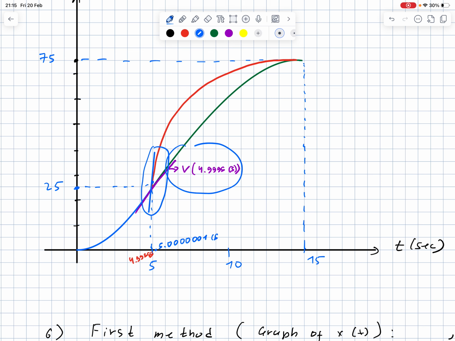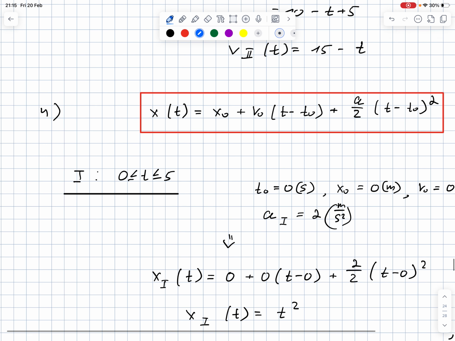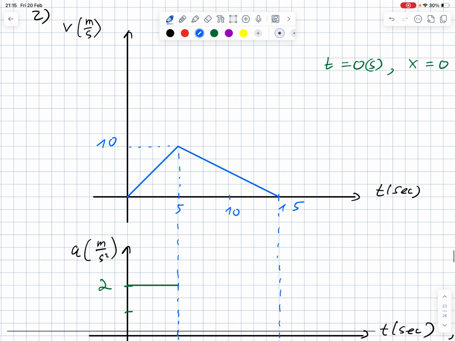Now, how can we see this situation when we go to the graph of v? We will get something like this. The slope a little bit after 5 would get, for example, 17 meters per second. But that is not the case.